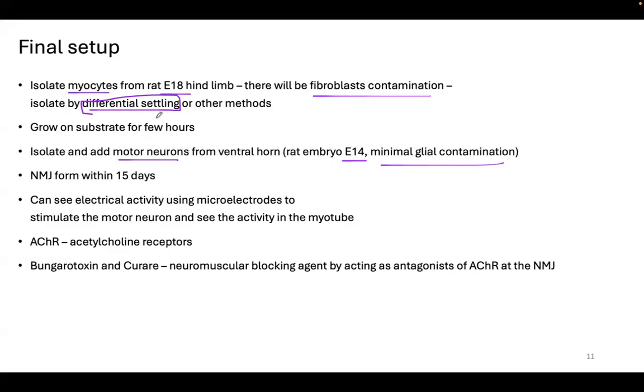Or you can use the other methods that we have seen earlier: gradient centrifugation, immunopanning, and the third thing was FACS, right?